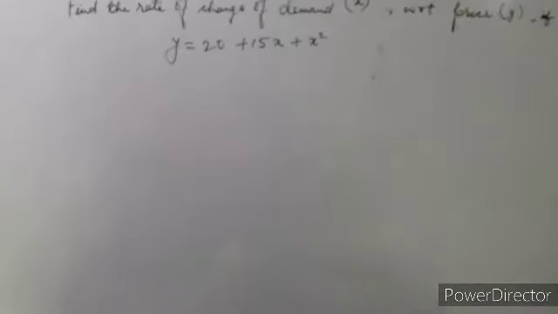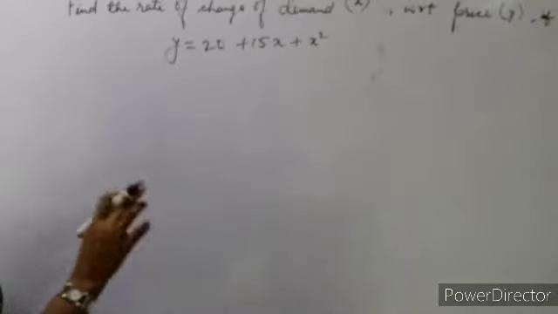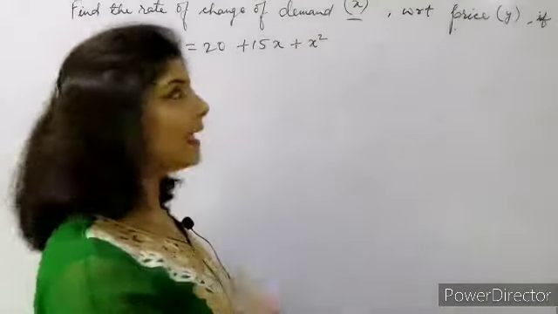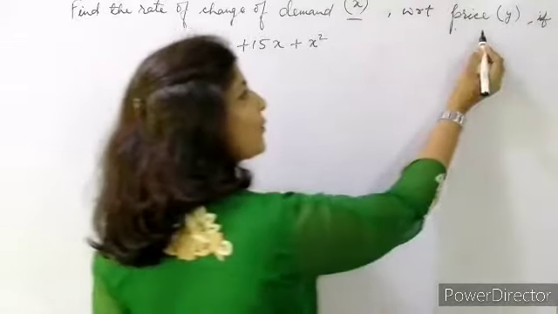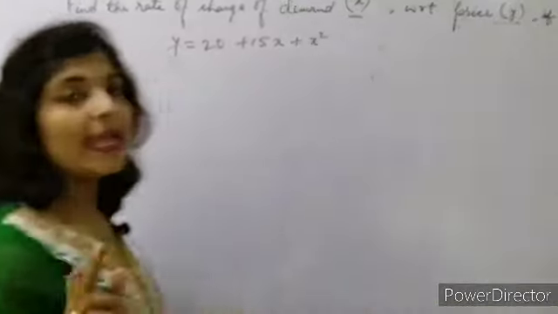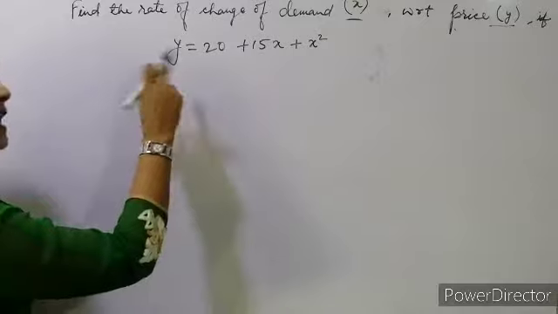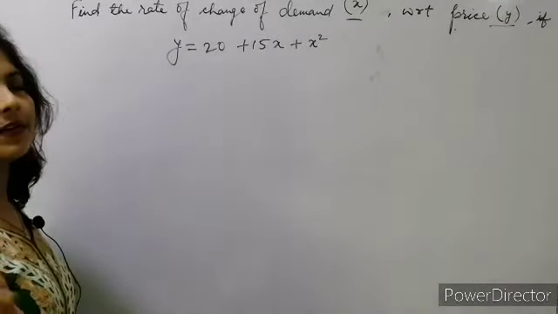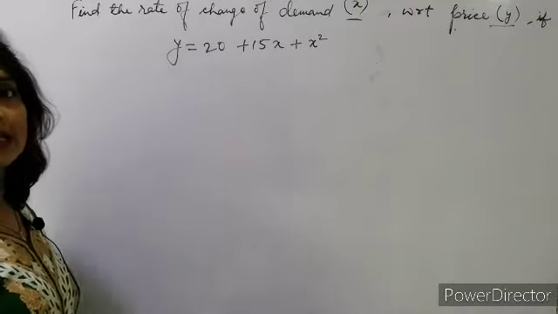Okay, so we have a question: we have to find out the rate of change of demand, that is x. Demand is denoted by x and price is denoted by y. If x is given as a function of y, then we can easily find out dx upon dy.